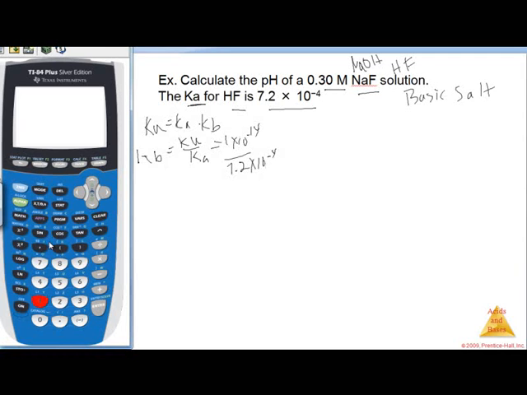So let's punch that. 1, second EE, negative 14, divide by 7.2, second EE, negative 4, and I get a Kb of, I'm just going to call it, 1.39 times 10 to the minus 11.